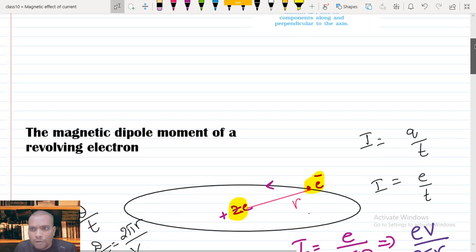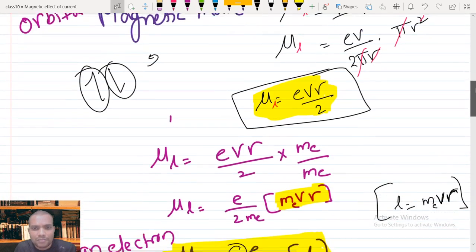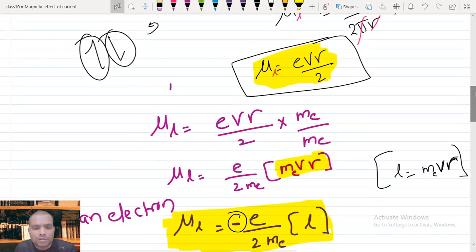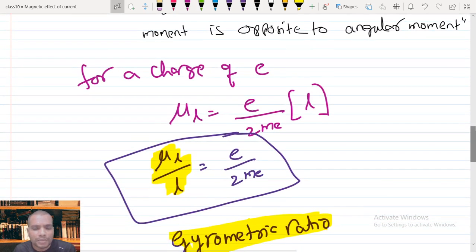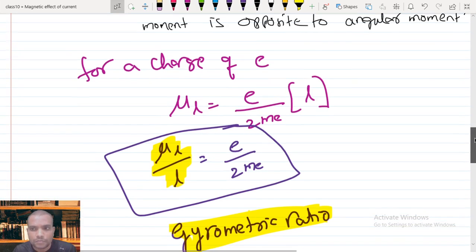So we define the orbital magnetic moment mu suffix L equal to e upon 2 m_e times L. Here L is the angular momentum, mvr. And two important things: one is the ratio of the orbital magnetic moment to the angular momentum of a revolving electron, which is known as the gyromagnetic ratio.